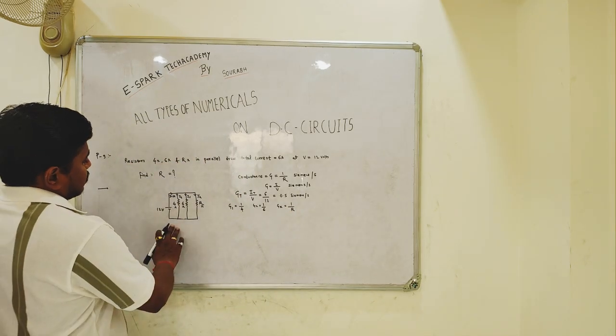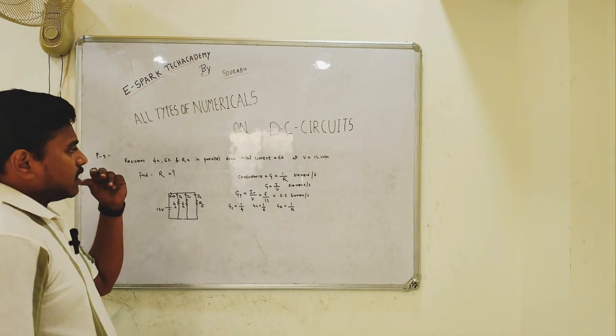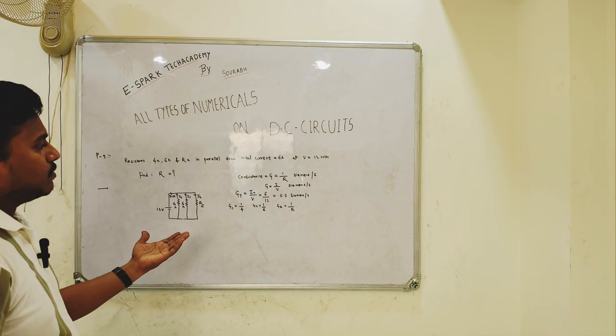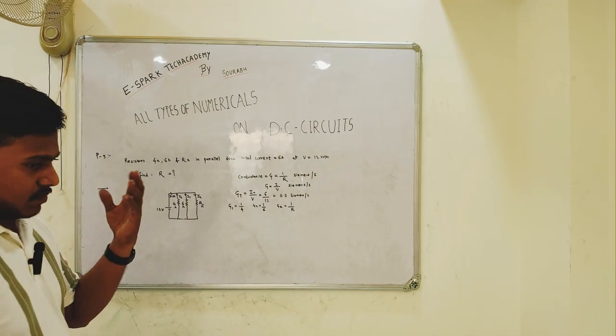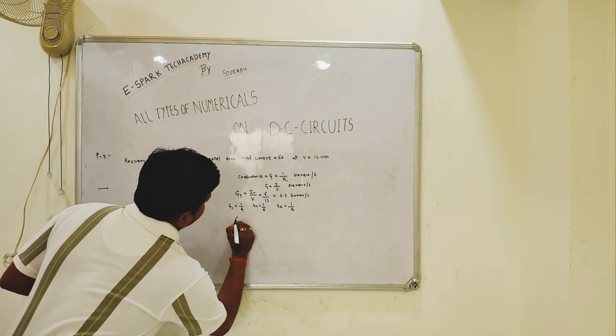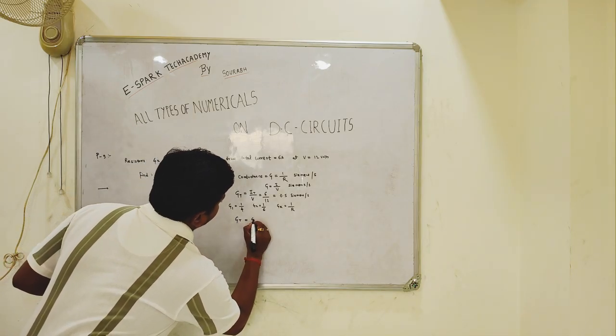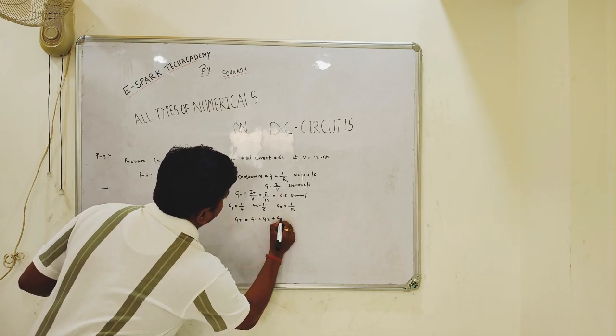Now as these all resistors are connected in parallel, as I just told you, the conductance is nothing but the reciprocal of resistance. That's why the GP will be G1 plus G2 plus GR.